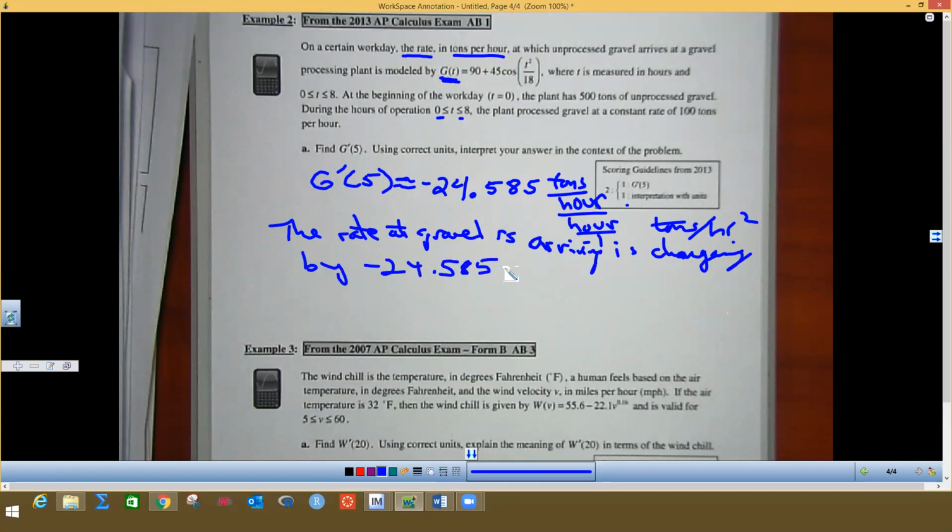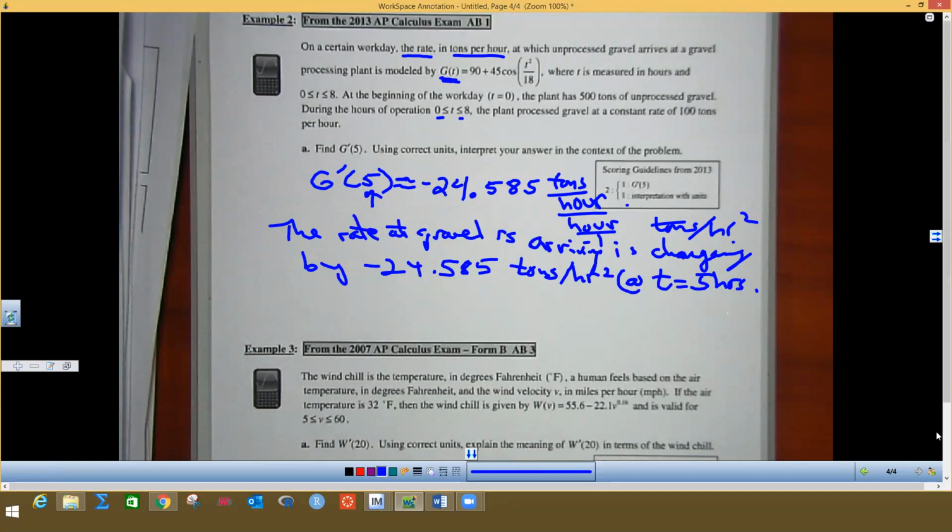And again, I could have put around or approximately tons per hour squared. And if you wrote tons per hour, you would be fine. And it would say at t equals 5 hours. And that would be the interpretation. Again, it's 5 because of that 5 right there. That's when it was 5 hours, the instantaneous rate of change is that.